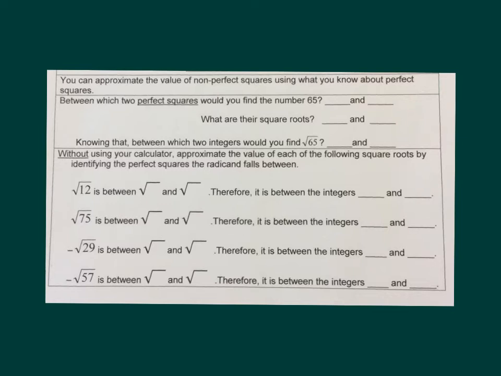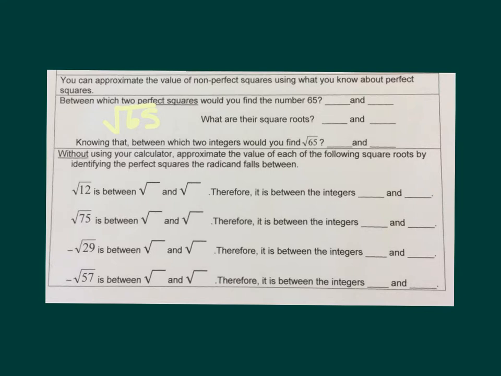So, for example, if we wanted to find the square root of 65, the number that we're going to get is actually an irrational number, and those are numbers that have decimals that go on forever without repeating. They're not easy to work with. They're not pretty numbers. So instead of having to use a calculator, what you're going to have to know how to do is just know around where that number is going to fall.